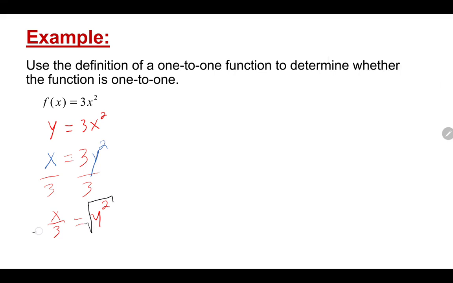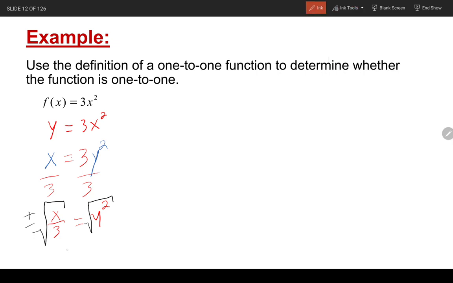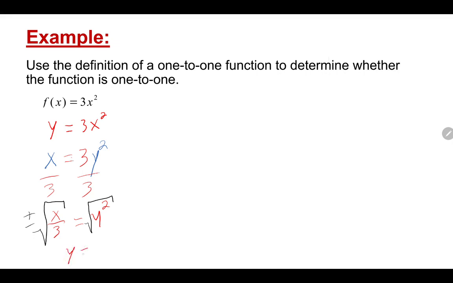So square root this and square root this. Then this becomes plus or minus. So this becomes y equals plus or minus the square root of x over 3.